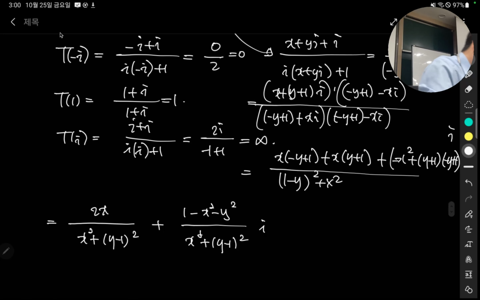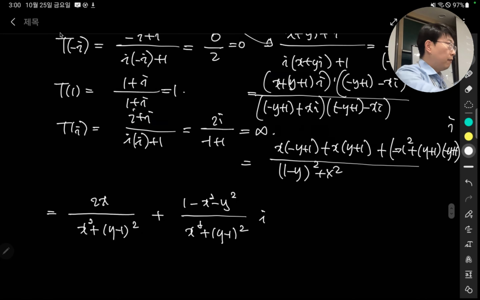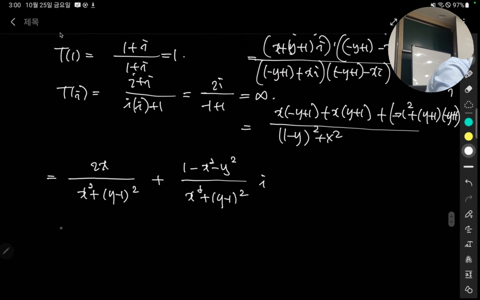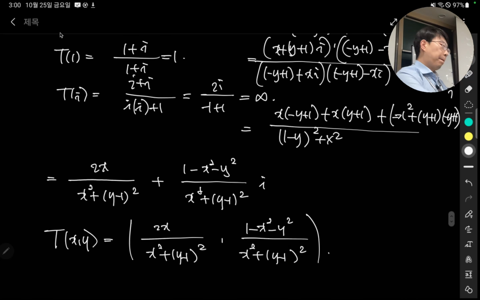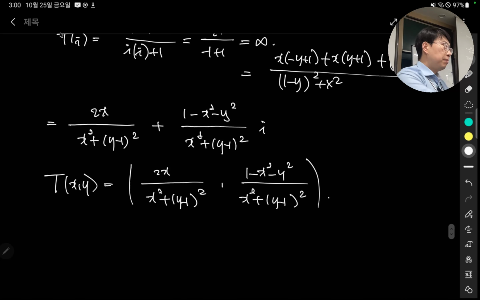So now we found u and v for my T. So T, which sends a point in the disk to the upper plane, is given by 2x over x squared plus (y minus 1) squared, and (1 minus x squared minus y squared) over x squared plus (y minus 1) squared. And that's our T. So one part is done.